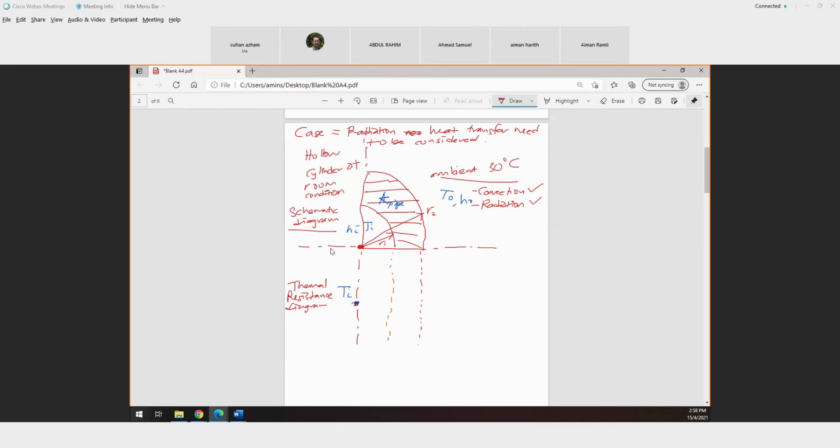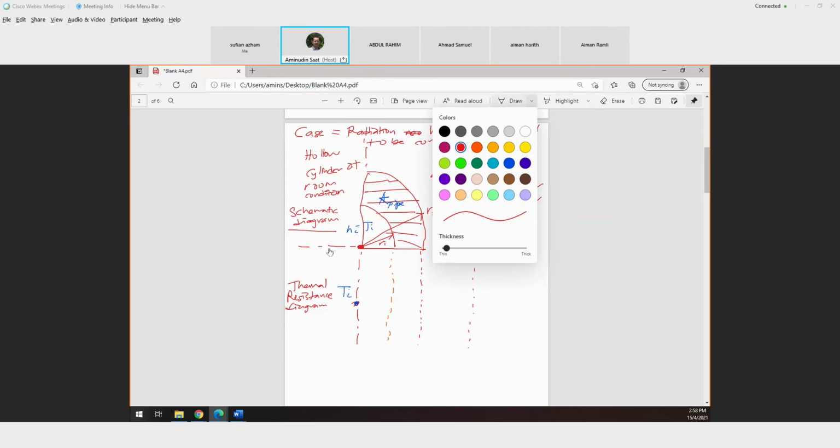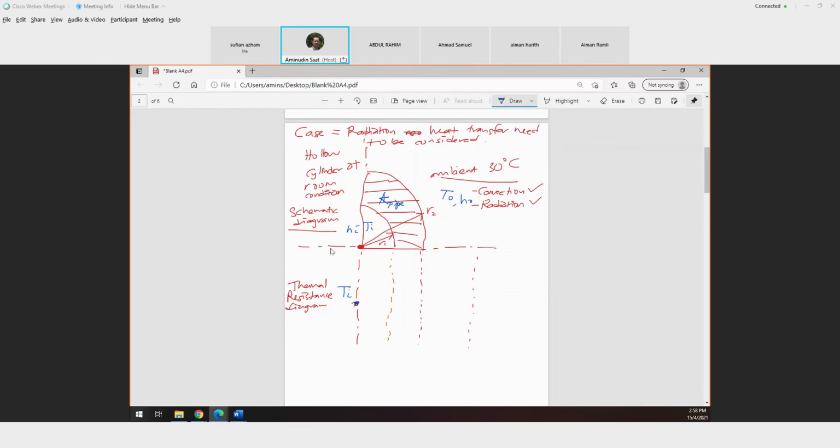Okay, so this is the outside, so this one is your T outside. So this is the temperature at the surface inside, and this is the temperature at the surface outside.